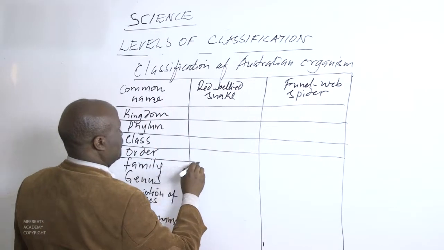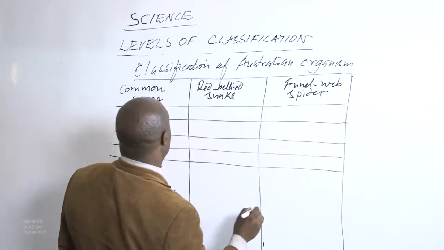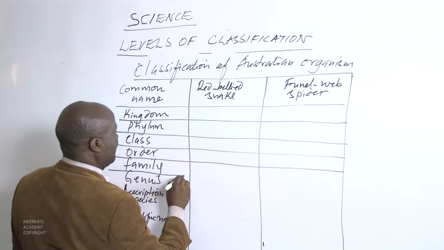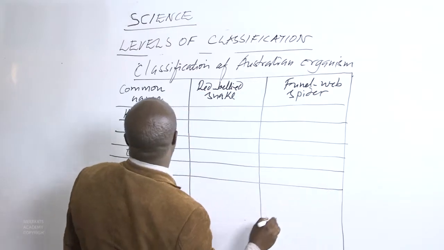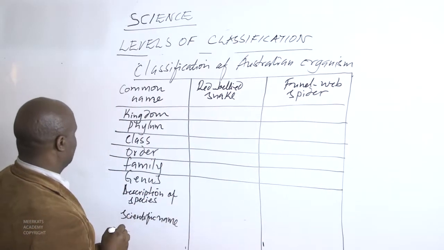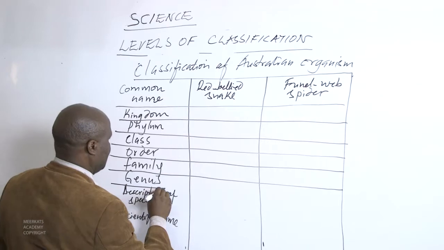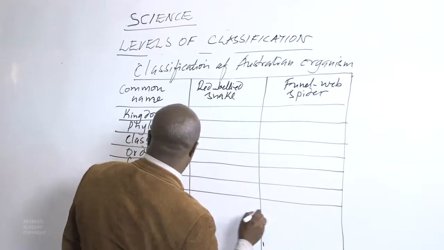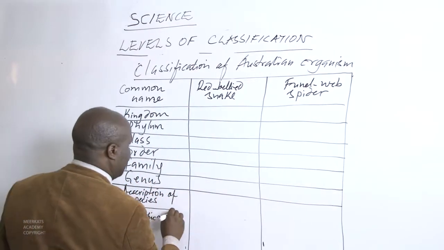If we shift to the plant kingdom, then the second level, phylum, will change to division. Other levels will remain the same.